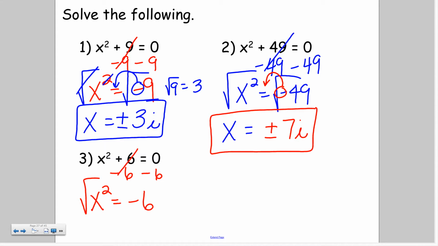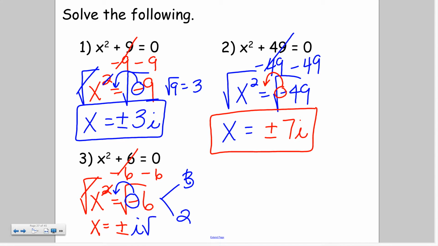Take the square root, still dealing with a plus and minus answer. Now, when I have that square root of negative 6, I know I'm going to take that out and that's going to become an i. But if I break 6 down into 3 times 2, I don't have any pairs. So the only thing coming out of that negative root 6 is the i, and I'm going to leave the 6 in. I don't have any pairs.